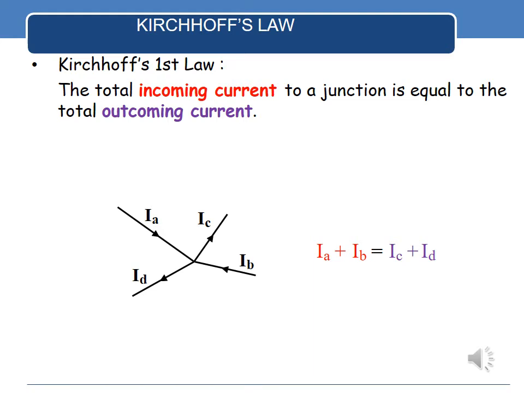So if you look at this picture, the incoming currents in red, IA and IB, have to be equal to the outgoing currents, which are IC and ID. So it's simply that: the total current going into the junction has to be equal to the total current out from the junction.